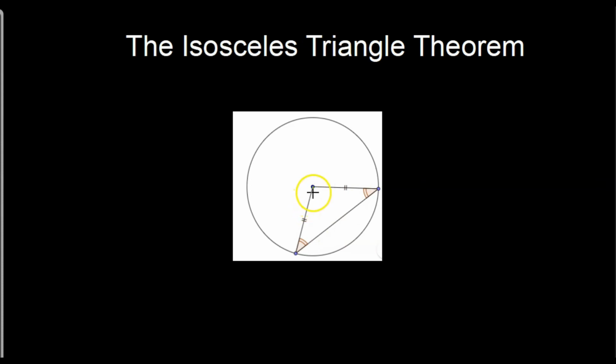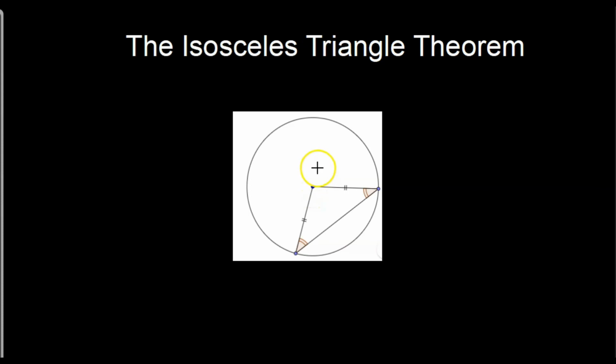When you have any two radii intersecting a chord, automatically you have an isosceles triangle formed, because remember, two radii are equal in length. So when you have any chord intersecting it, it gives you an isosceles triangle. That is about the isosceles triangle theorem.